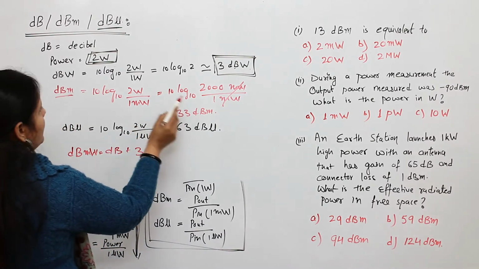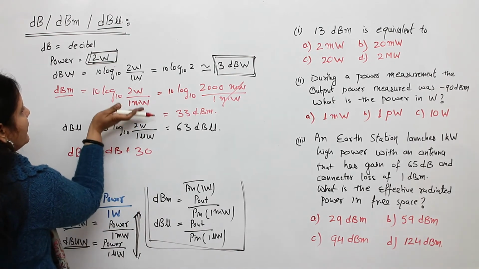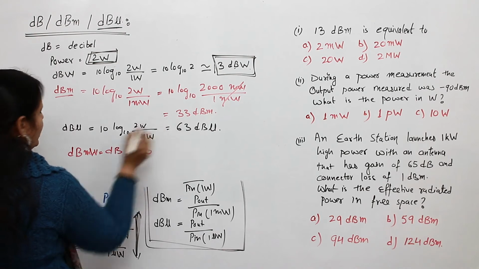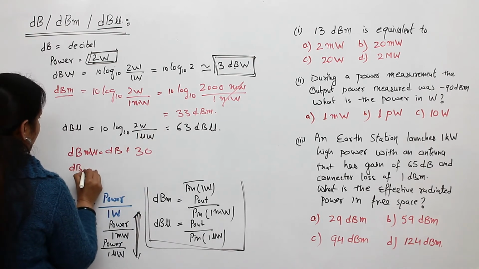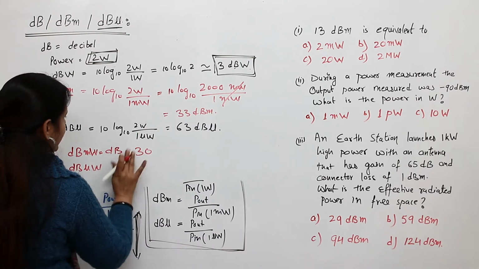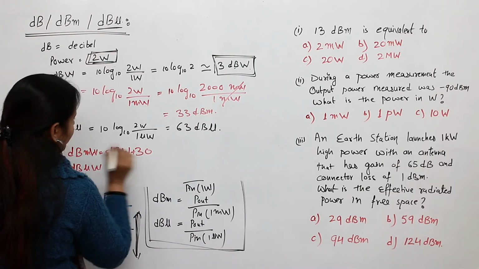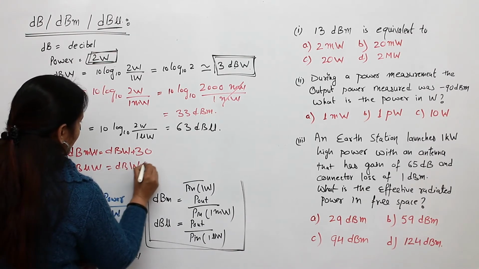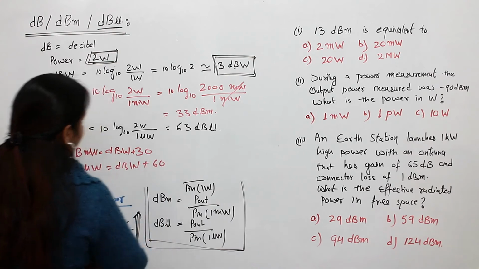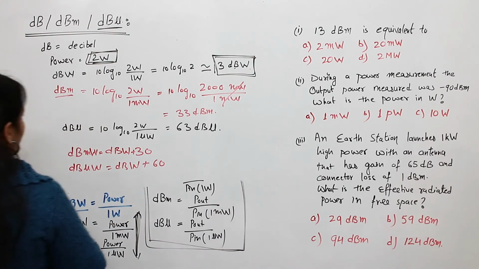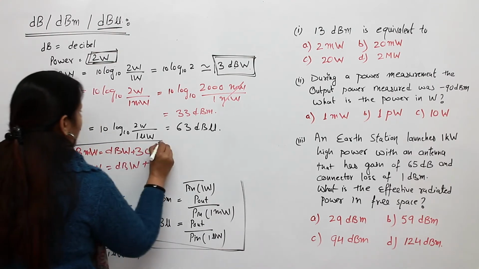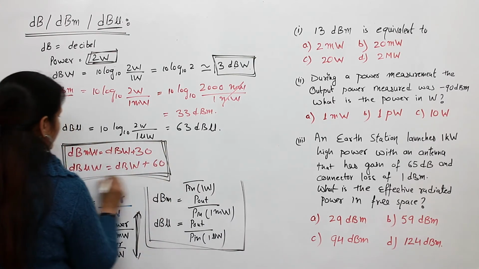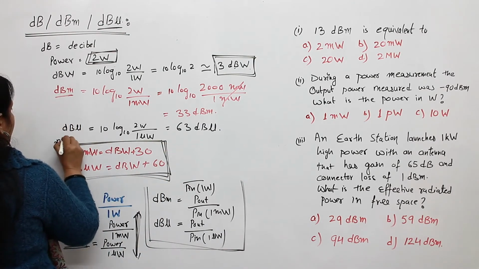You can find it out: when you are comparing your level with 1 milliwatt, your level will be increased. Similarly, dB microwatt will be dB watt plus 60. Okay, this is a very important formula that can be used as a time-saving trick for the numericals that you will face in your exams.